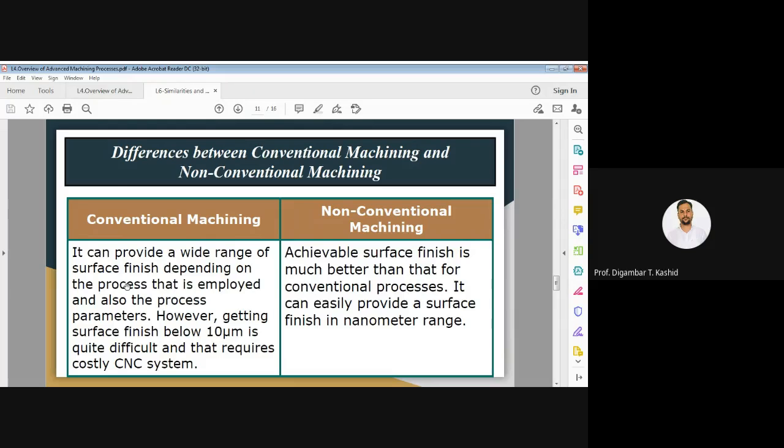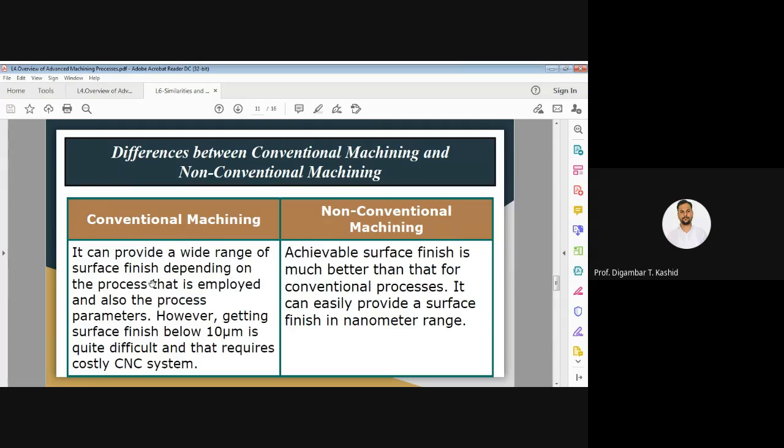However, getting a surface finish below 10 micron using conventional machining is quite difficult, and it requires a costly CNC machine.